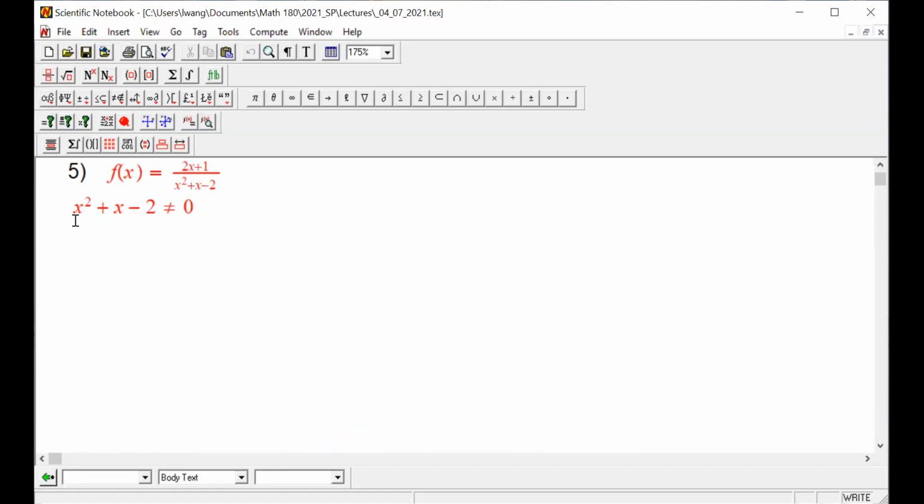If x squared plus x minus 2 is not 0, that means x plus 2 times x minus 1 cannot be 0. Then we will be quoting the opposite of principle number 1. So let's practice how to use it.